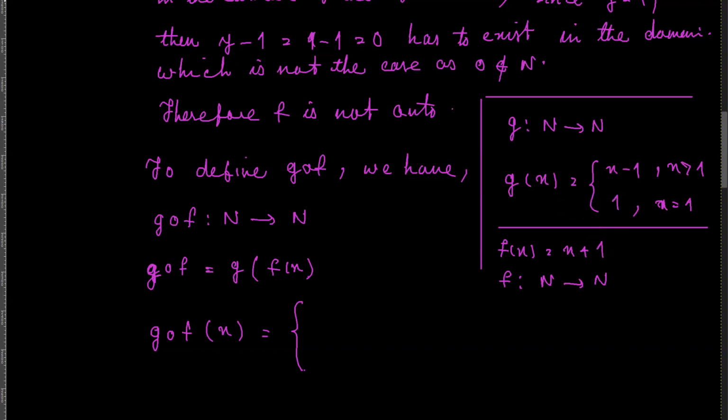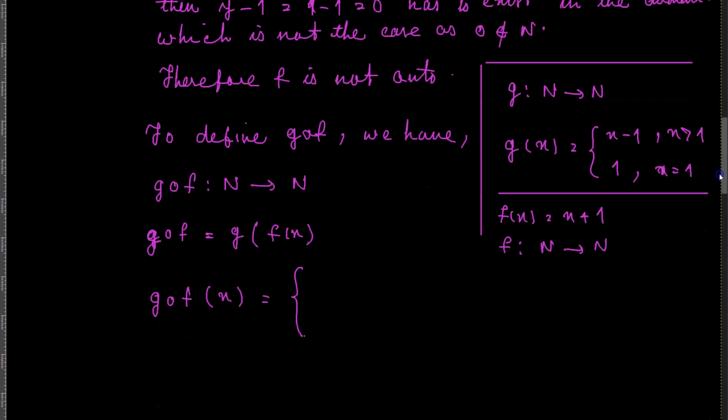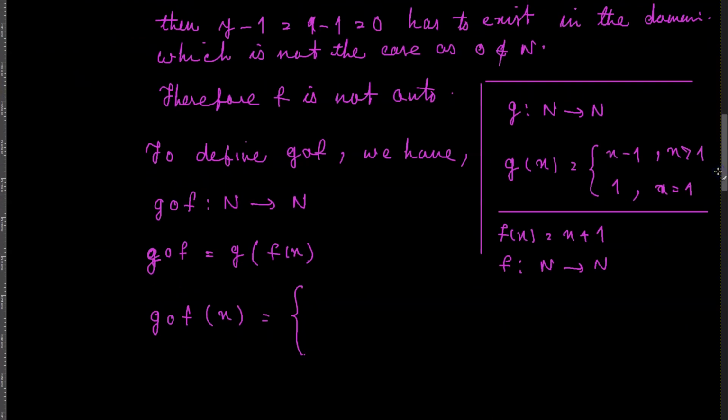Let me take a look at this function. Okay, so now in order to understand how to compose these two functions, we need to take a look at the functions themselves, basically an arrow diagram of the functions, right?